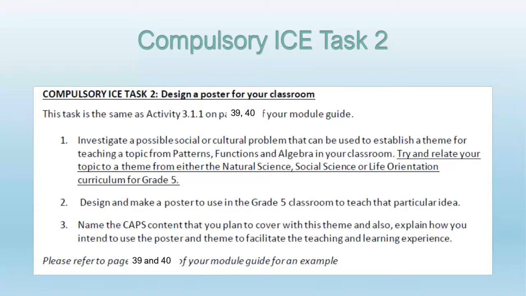Then you have to relate your topic to a theme from either the natural science, social science, or life orientation curriculum for grade 5. So it sounds like a big thing, but I'm going to break it down for you and help you to understand what to do.